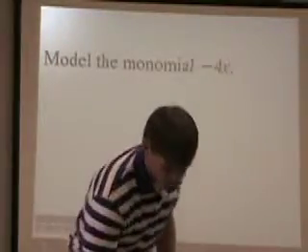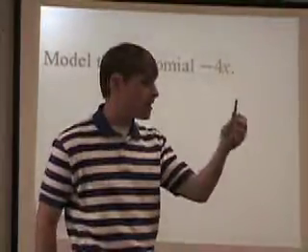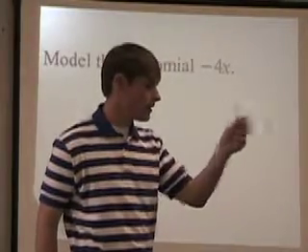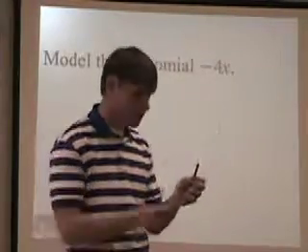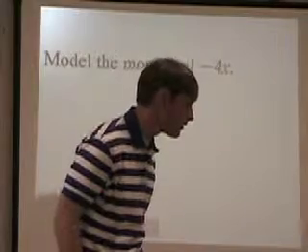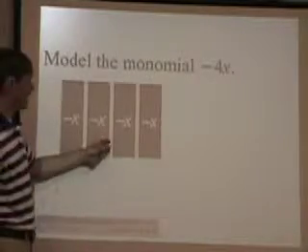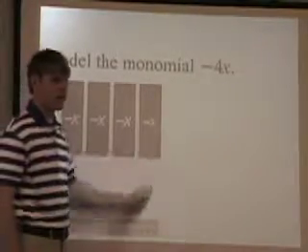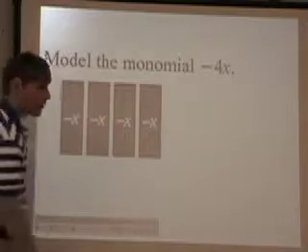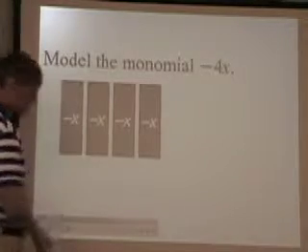How do you think you do negative 4x? You take 4 of these thin red ones. This is negative x. So 4 of them would be negative 4x. Now the way they represent that on the board is like this. Negative x, negative x, negative x, negative x. How many are there? 4. So this is negative 4x.